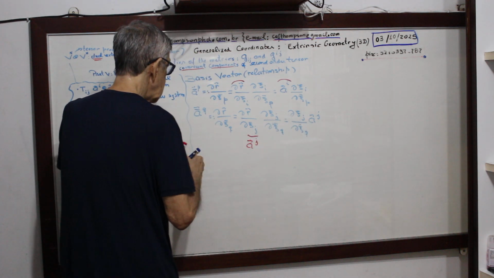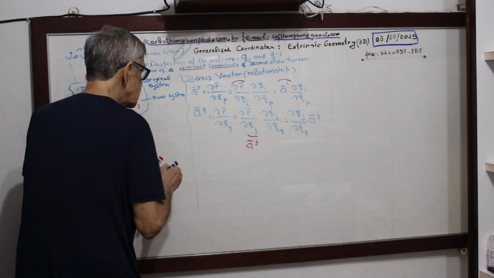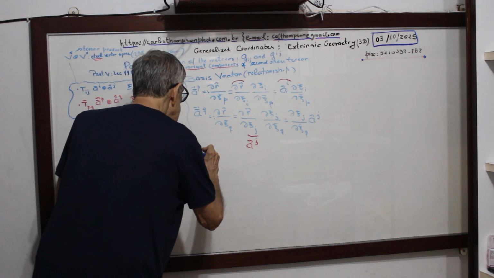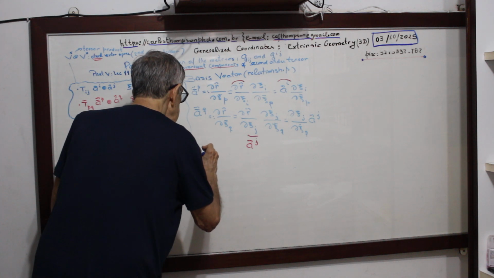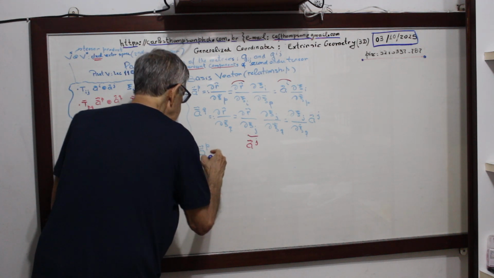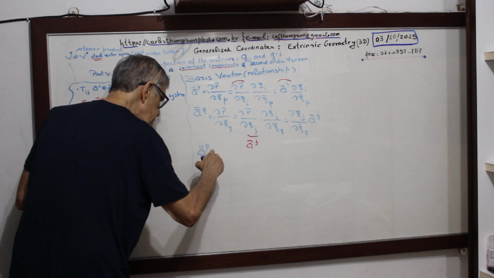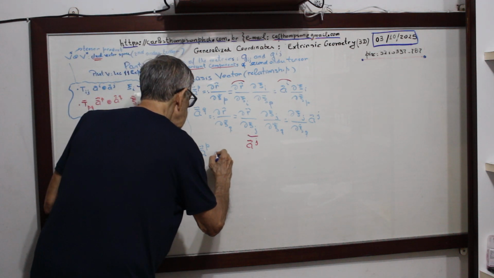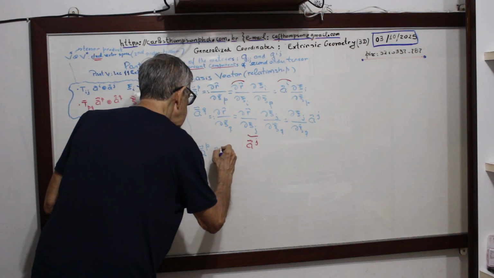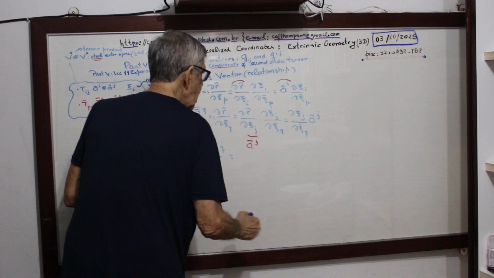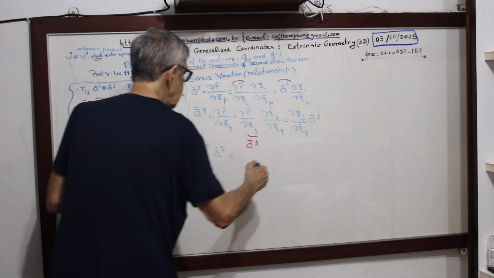Now I can do as follows. Look how easy. A_p, A_q, attention now, the tensor product here I will omit. I'll just substitute these two over here.